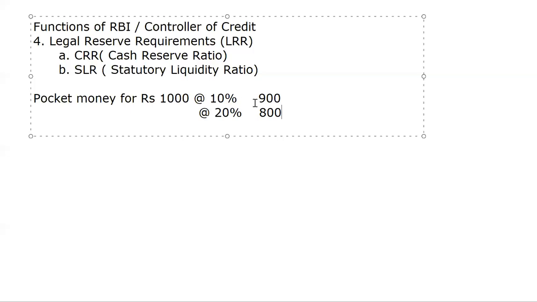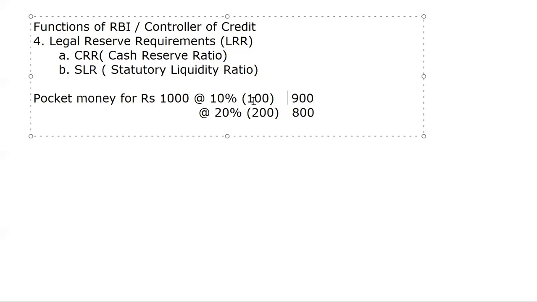So 10% of 1000 rupees would be equal to rupees 100, which you will have to keep with your parents as a reserve, and 20% would be equal to rupees 200, which you will keep as a reserve with the central bank.